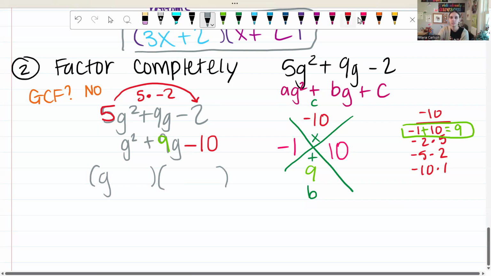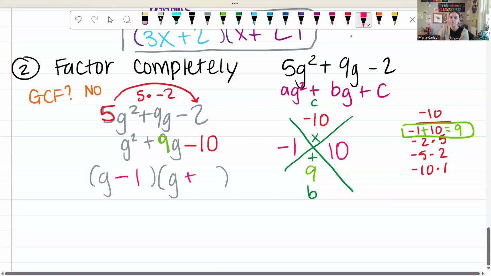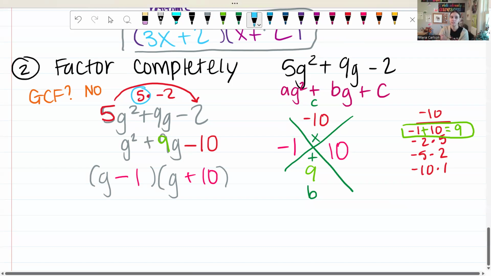We have g in both of these binomials, and our x factors are -1 and +10. And then I need to divide, right? We slipped, we slid. Now I need to divide by our original a value, which is 5. So I'm going to divide both of these x factors by 5.